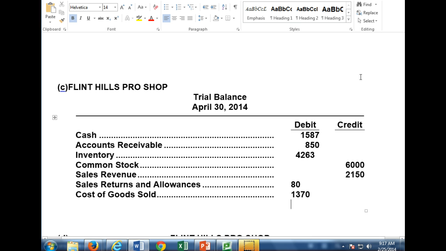So they should be equal. 8150 and 8150. Got it? Do you see how they balance? Debits need to always equal credits. Okay?